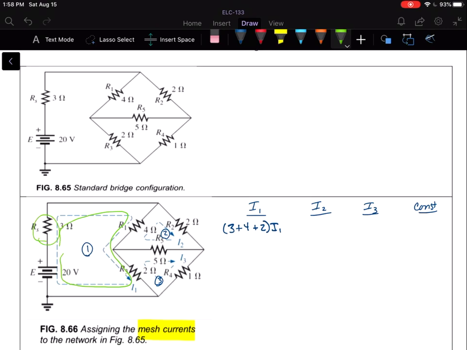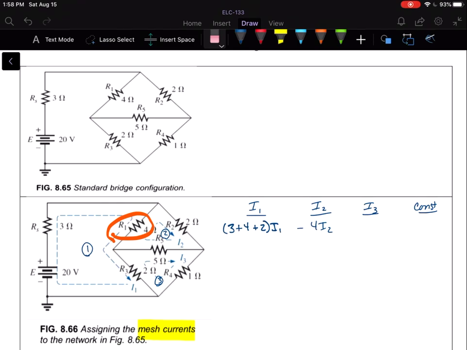So we've got the 3, the 4, and the 2. Now, we're still in that first mesh, but we're going to look at anything that the first mesh has in common with the second, which is this 4 ohm resistor right here. So that's going to be minus 4I2.